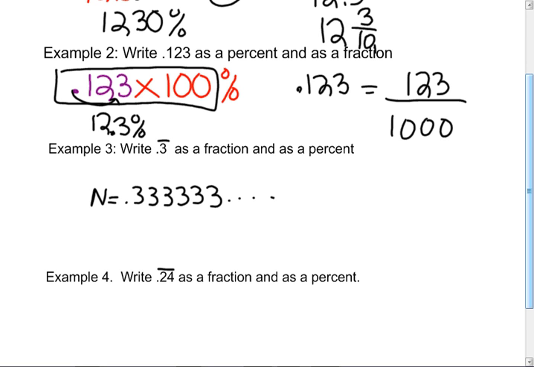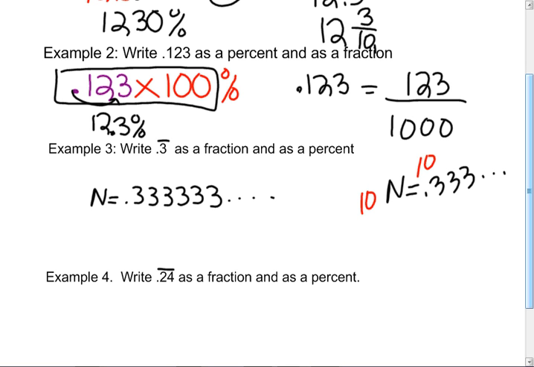Okay, this has one number that repeats. So I'm going to take this equation and multiply by 10 on both sides. So I'm going to write up my work over here so I don't get it all messed up. If I multiply this by 10 here and this one by 10, what happens to the decimal? It moves.